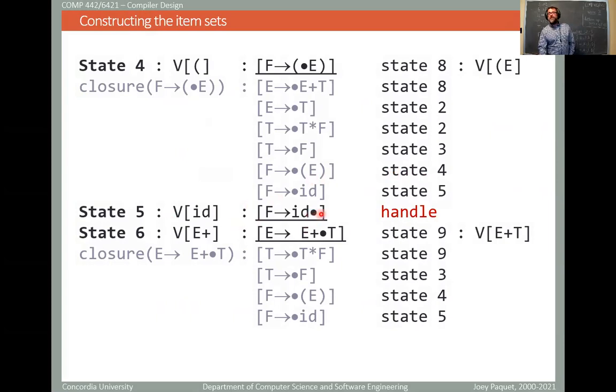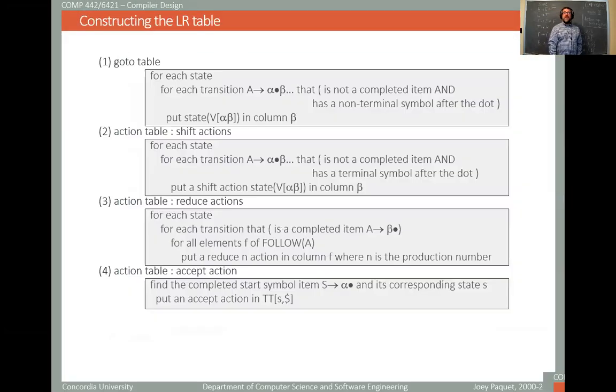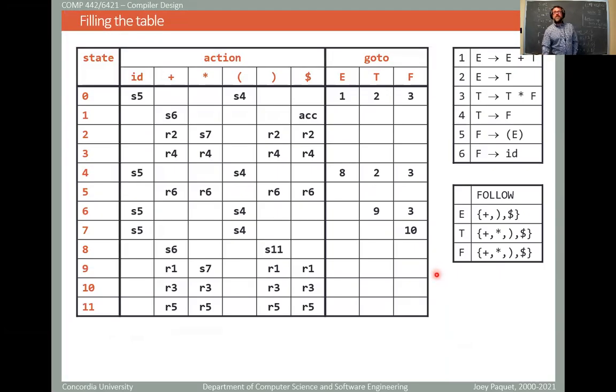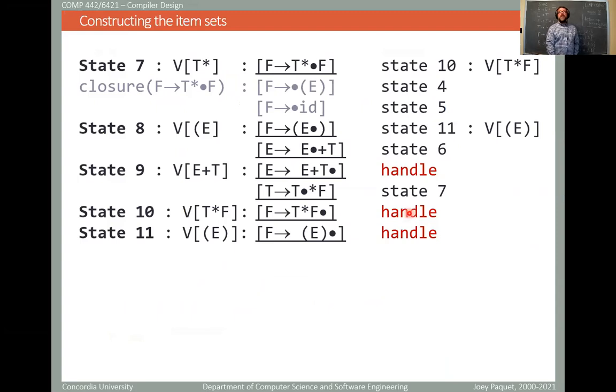State number 5, there's no non-terminal after the dot. State number 6, T leads to 9, and F leads to 3. So state 6, under T, 9, under F, 3. And then state number 7, F, 10.